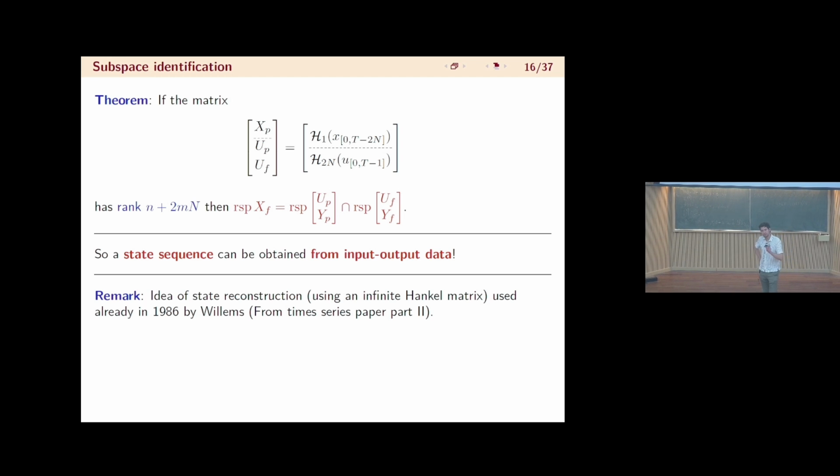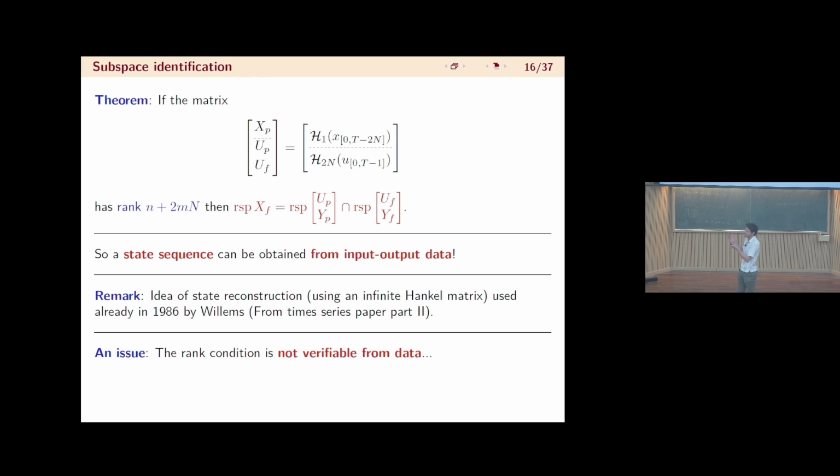Now, there is a very important question here in subspace identification, though, because if you take a closer look at this rank condition that is assumed, that you need to construct this state sequence, exactly, because indeed, this condition you cannot verify from the data, right?